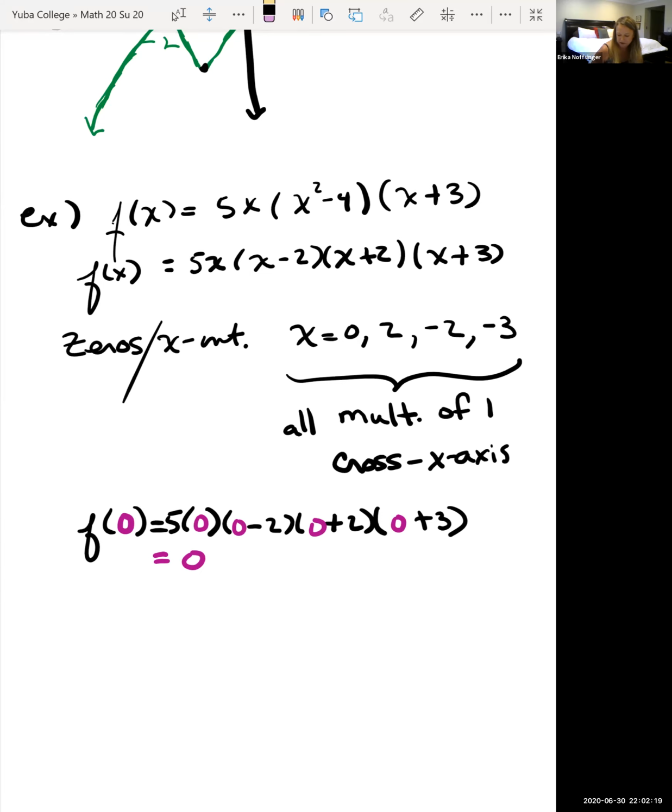Okay, so 0, 0 is a point, which we knew again from above because x equals 0 was also an intercept.